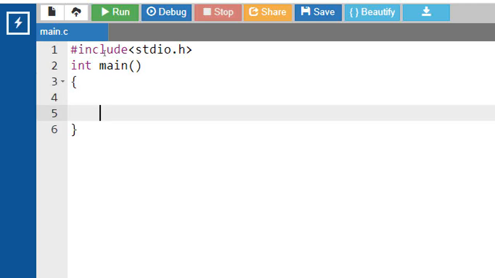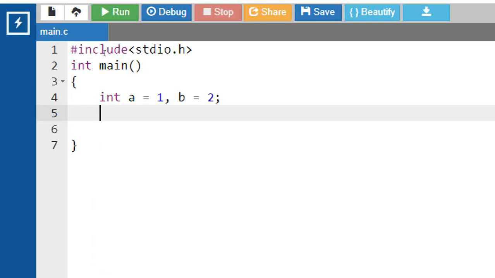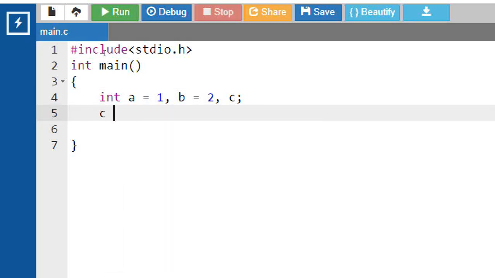Suppose we are going to declare initially a equal to 1 and b equal to 2. So integer is the type. c is also integer type, and we're going to add a plus b.